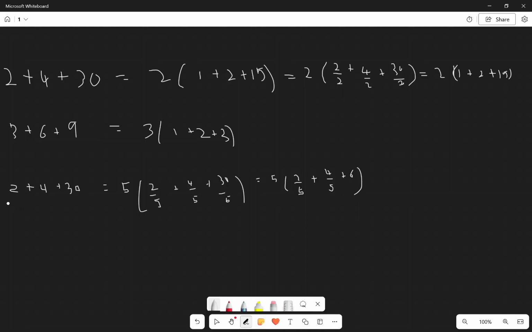As you can see, 5 isn't a common factor for these 3 terms, but I can take 5 out. I can take any factor out using this method. If I want to take n out, it will literally be 2 divided by n plus 4 divided by n plus 30 divided by n.